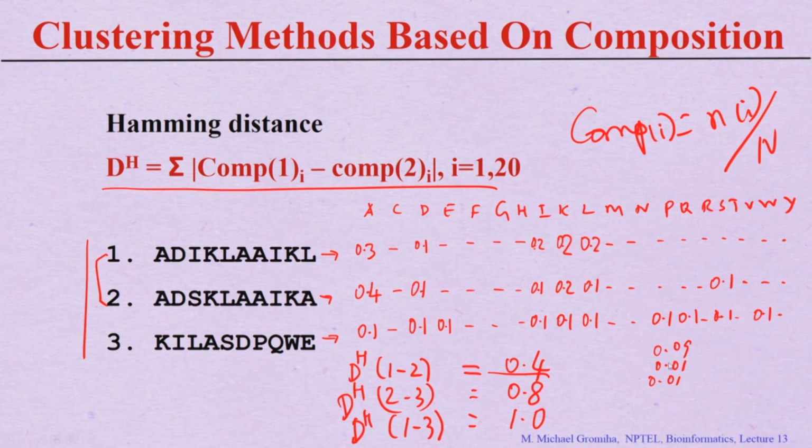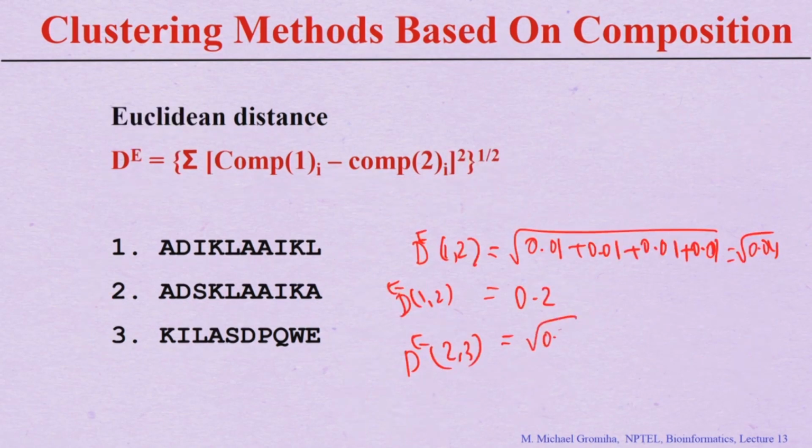So, that means 0.01 into 5. So, that is 0.09 plus 0.05, which equals 0.14. So, the root of 0.14 is 0.3 something, right. So, likewise d e of 1 comma 3, what is it?